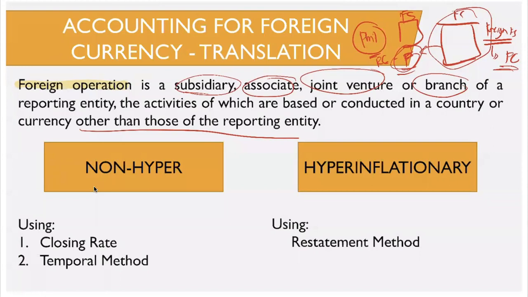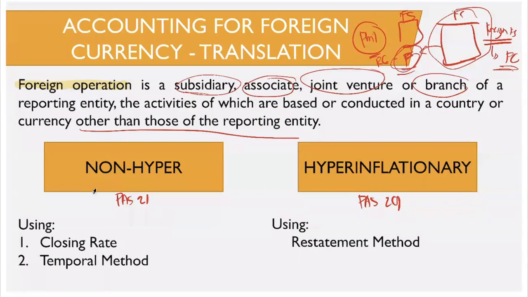In translating your foreign currency financial statements, we need to look at whether we should account for it under PAS 21, accounting for foreign exchange rates, or PAS 29. When do we place it under PAS 21 and when under PAS 29?